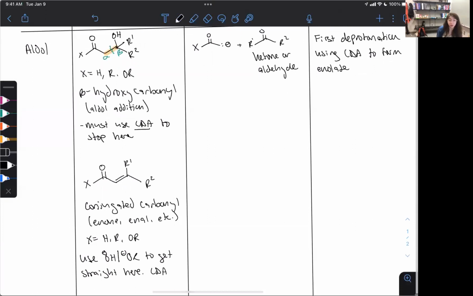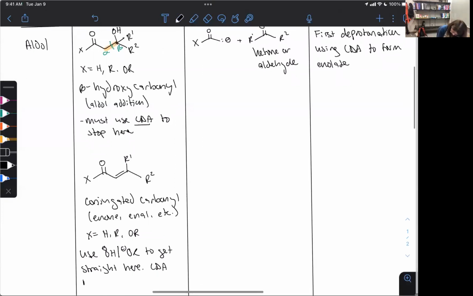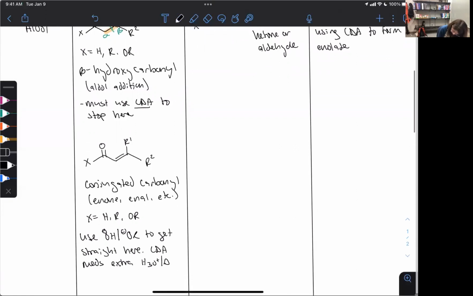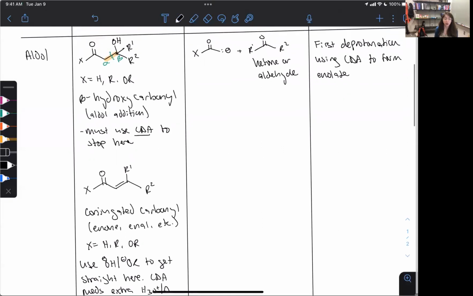If you do want to use LDA and get this in the end, you have to do an additional acid quench and some heat to help that happen. So that's going to be our conjugated carbonyl.